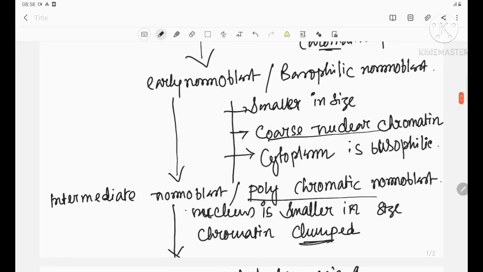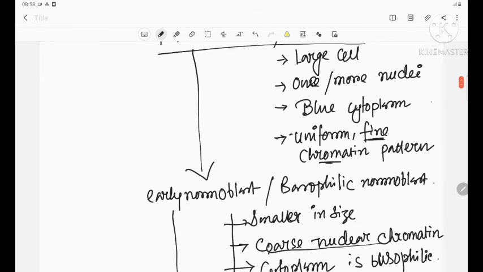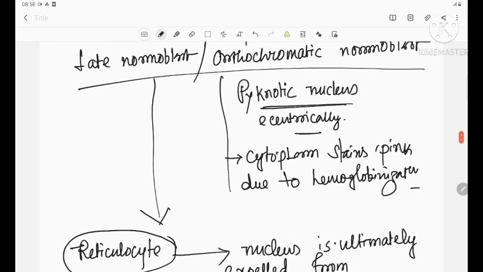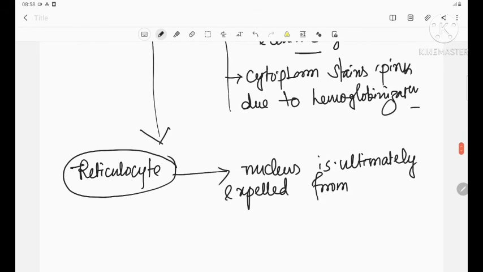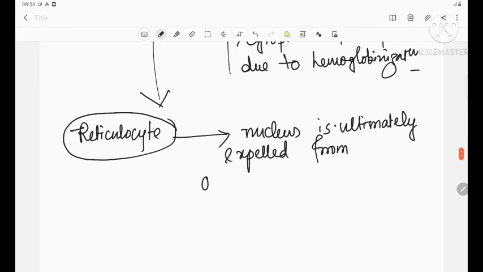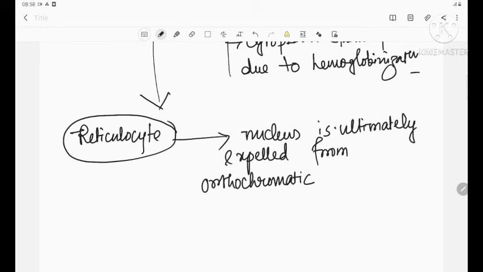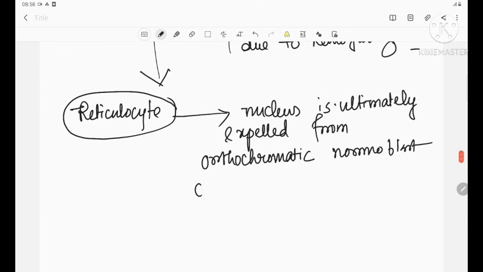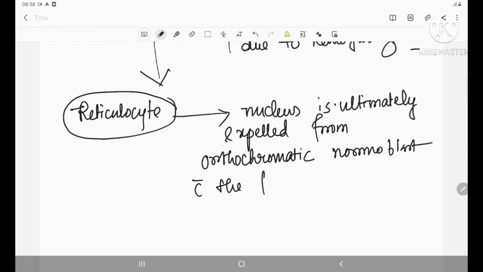Now, coarse nuclear chromatin; the earlier stage had fine nuclear chromatin. Ultimately the step is a pycnotic nucleus, and this nucleus is expelled from the orthochromatic normoblast with the formation of the reticulocyte.